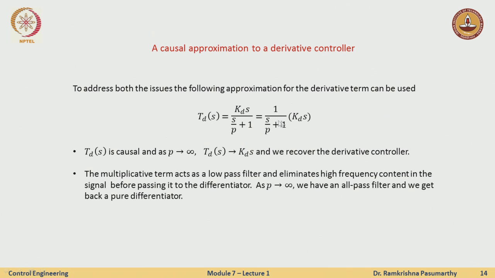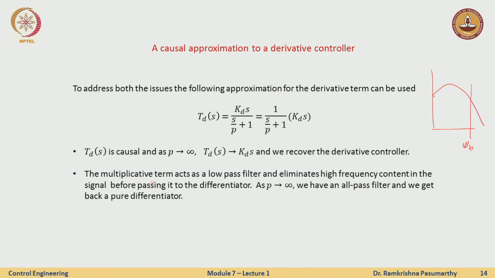1 over (s over p plus 1) acts as a low pass filter, right, as we saw in the frequency response, which would go something like this, and you have some kind of bandwidth, a cutoff frequency as we had called.